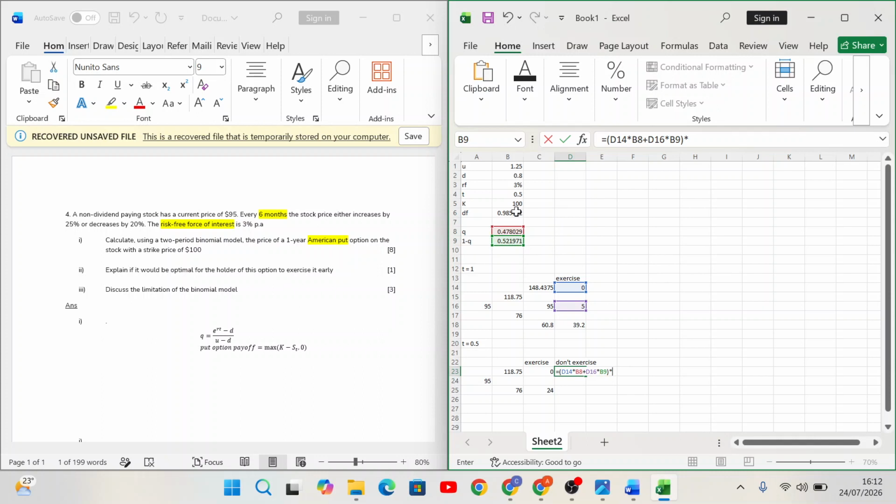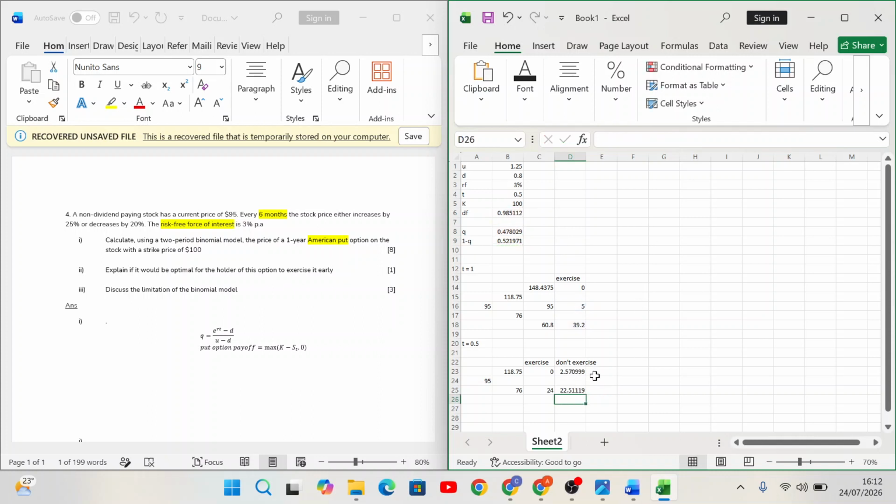We have our discounting factor here, and then for the CD, if we do not exercise, it will be the discounted values from time 1. In our case, it's a 5 multiplied by the synthetic probability of up plus that 9.2 multiplied by the synthetic probability of down, multiplied by the discounting factor.